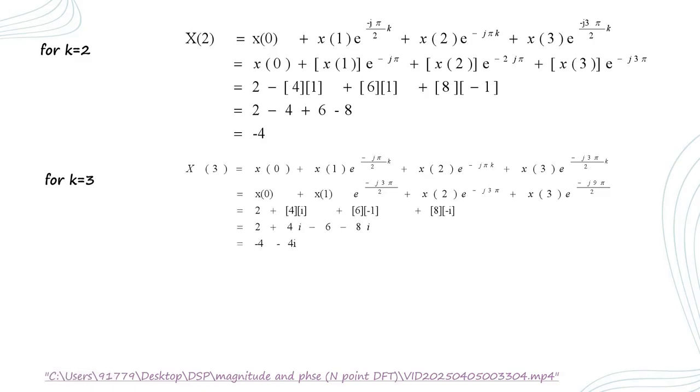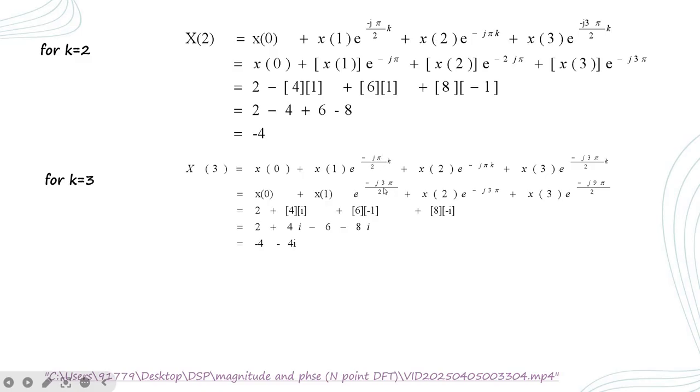Now for k is equal to 3. Again take the same expression, substitute k is equal to 3. So x of 0 will be as it is. X of 0 first term same. X of 1 into e raised to, now k is 3, so it will be minus j 3 pi by 2. We'll substitute k as 3.